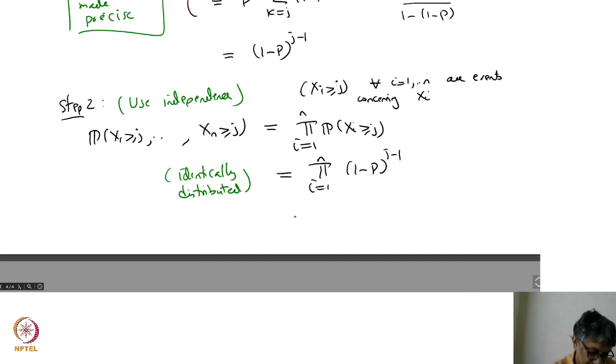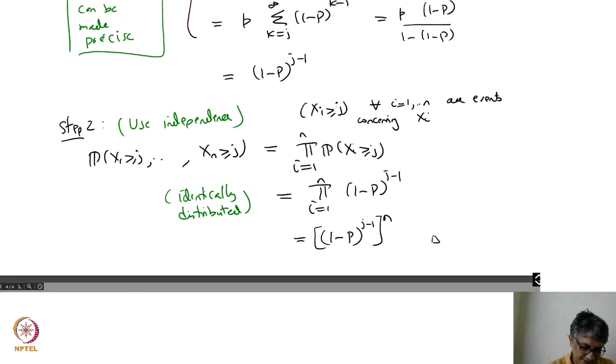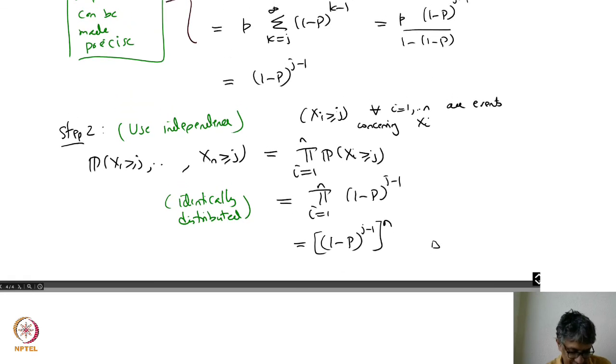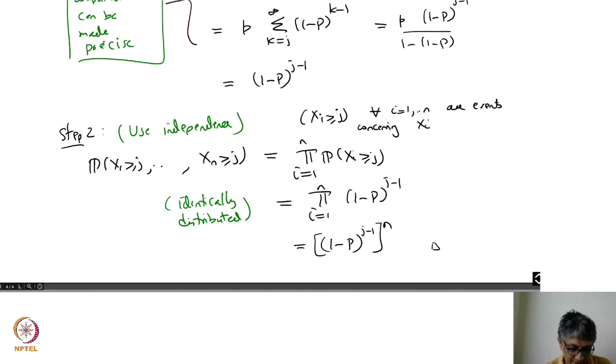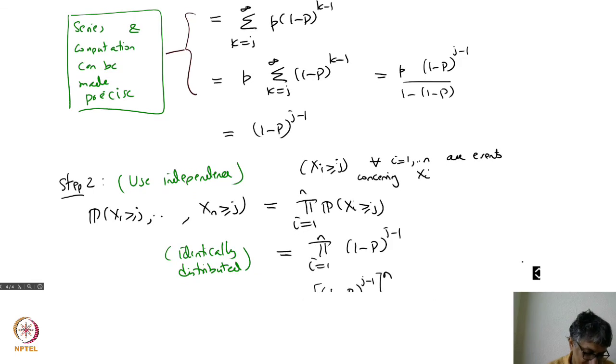So it just comes out as (1 minus p) to the j minus 1, the whole power n. So that's the chance of all of them being bigger. This is one computation one can do for independent variables: the chance that in n trials, the time taken to get the first success is at least j.